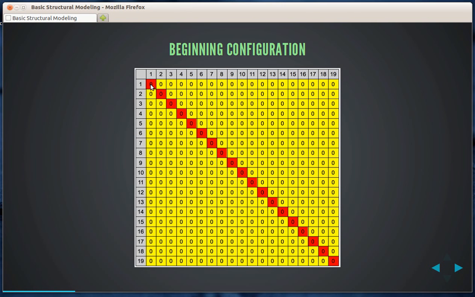So logically, we're not going to allow a city to be north of itself. So we know as a matter of fact that that statement is false. City 2 is north of city 2. Well, no, we're not going to allow a city to be north of itself logically. So we're going to fill in all of the zeros on the diagonal with a red background to indicate that we know as a matter of fact that that statement is false.